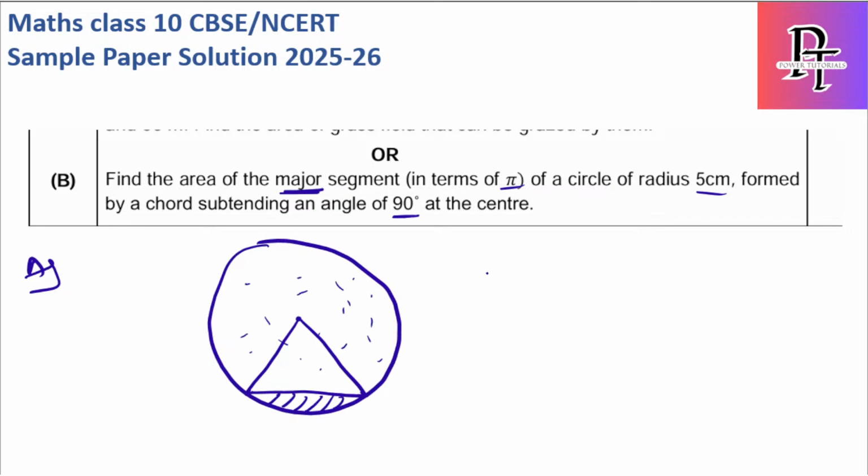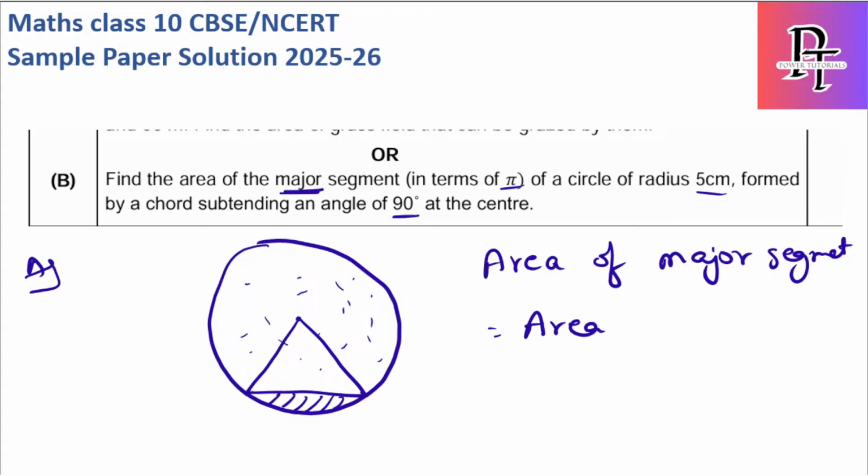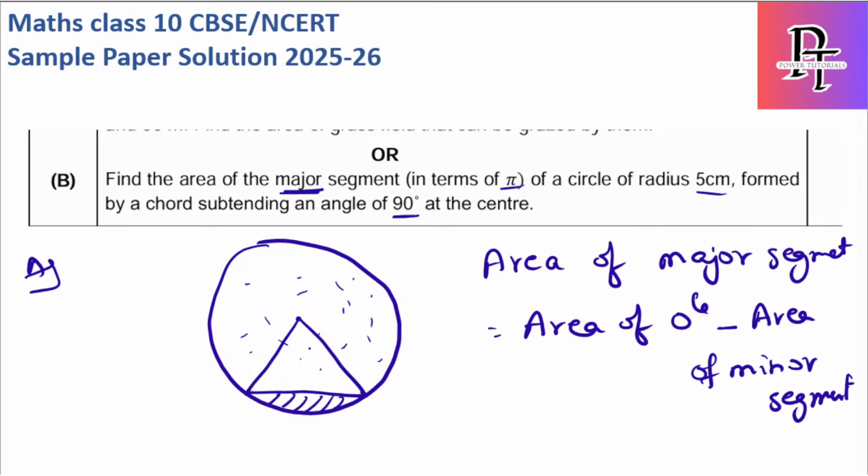So the area of the major segment will be the area of the circle minus the area of the minor segment. Because they are asking for the major segment, it is the complete dotted part.